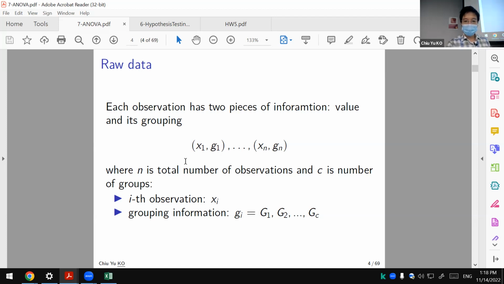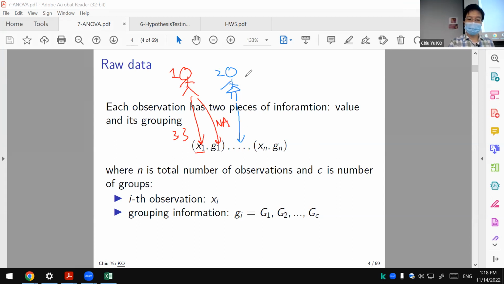So suppose you have this: guy number 1, and we know his GPA is X1 and his college is NA. So GPA may be 3.3. And girl number 2, what you know is her X2, which is her GPA, maybe 3.5, and her college may be CC, and so on and so forth.